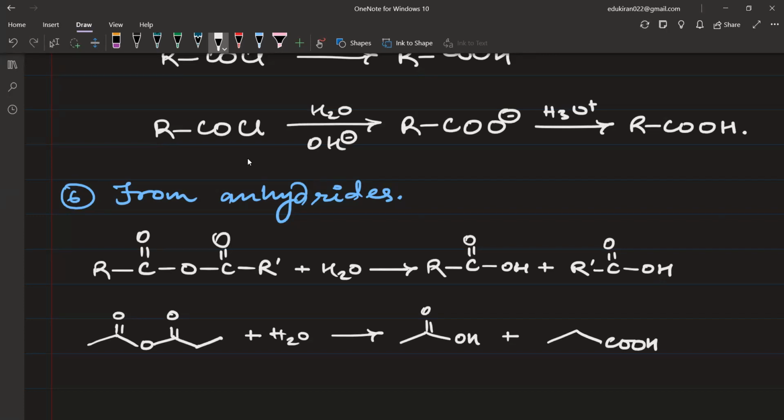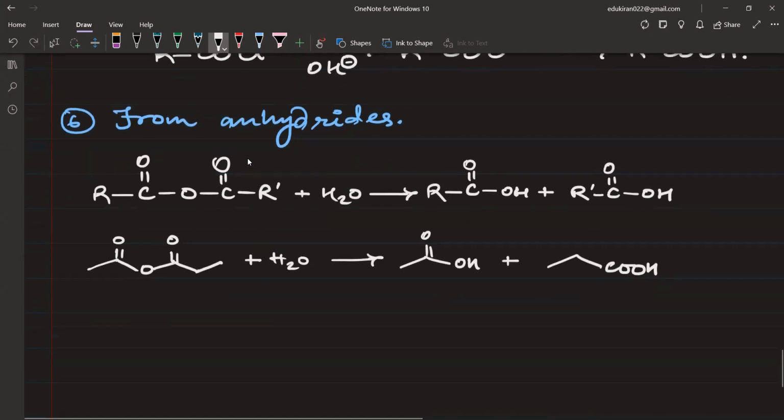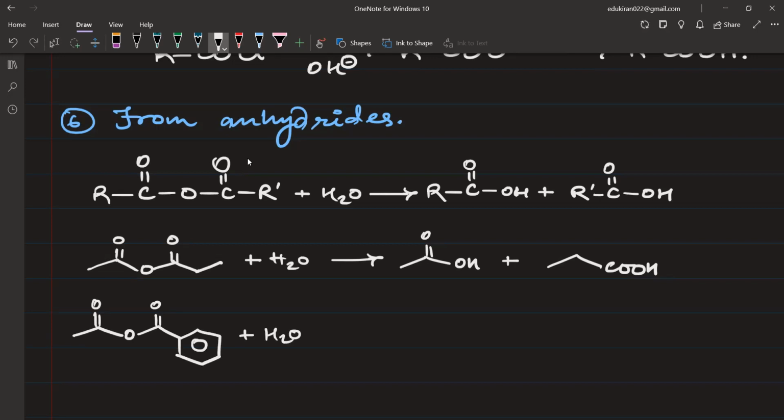So 2 units of carboxylic acid. Similarly, you can also have something like this: C double bond OH, plus we'll get benzoic acid.